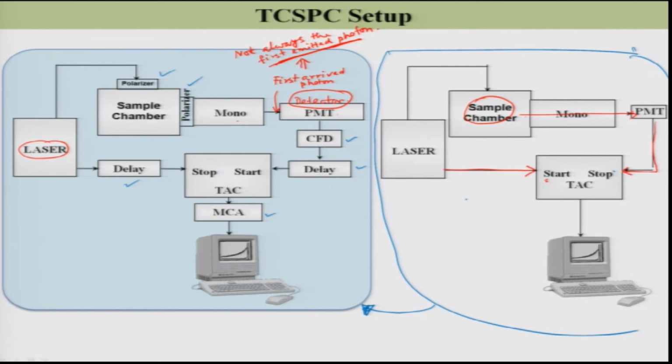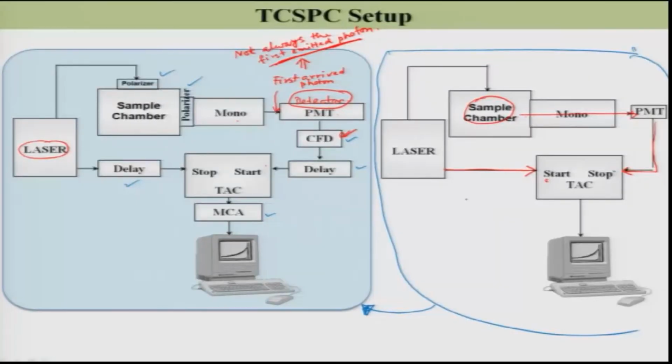So note that not always is the first emitted photon the first arrived photon, that means the first detected photon. Okay, so it is detected, and now the detector has amplitude jitter, which is going to give you time jitter, and that is rectified by the CFD over here, the constant fraction discriminator. The detector also has transit time spread, which obviously we cannot do anything about. You only have to buy a better detector where the transit time spread is small.